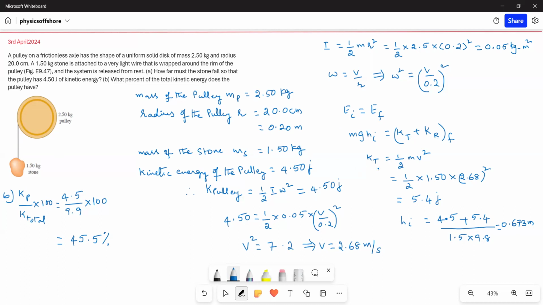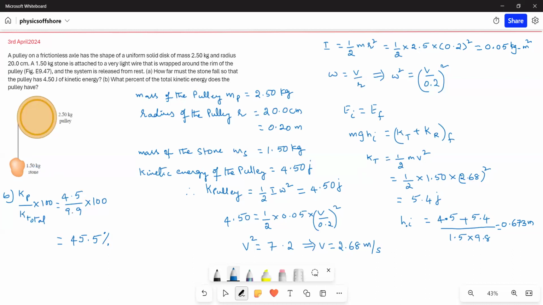Kinetic energy is translational and rotational. So K translational is half m v squared. Therefore, for the stone, half into mass 1.5 kilograms, and then the velocity we found as 2.68 squared. Therefore, translational kinetic energy is 5.4 joules. And then rotational kinetic energy is already given to us, that is 4.5.